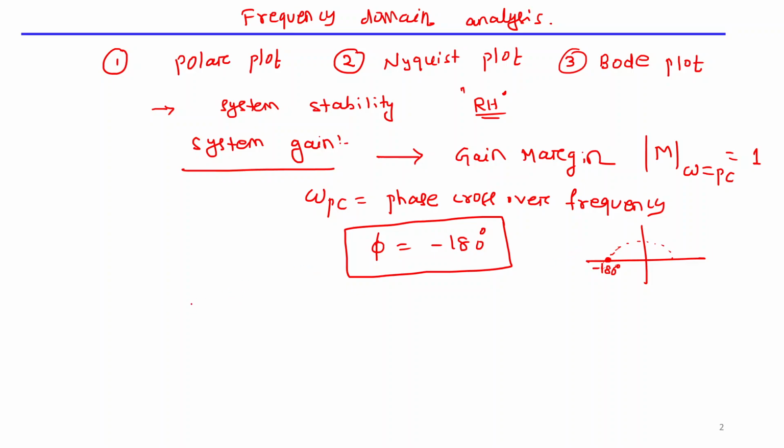Similarly, another term is the phase margin. These are very important things to identify the system stability. Phase margin gives an idea when you deal with control system design, like designing a lead compensator, lag compensator, PI compensator or PID controller.